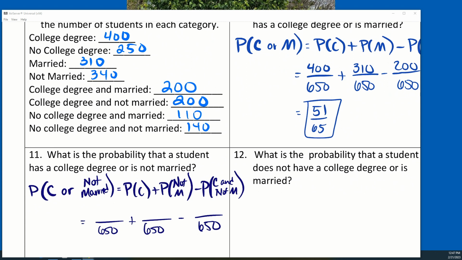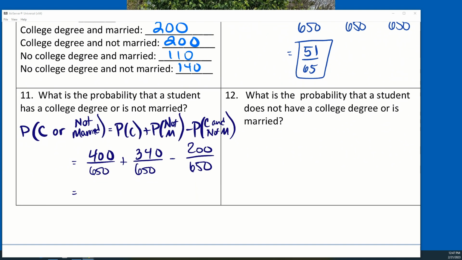All right, so college is 400. Not married is 340. College and not married is 200. And then if you just want to add and subtract the numerators and put it over 650, that's fine. If you want to write it in reduced form, that's also fine. It's 54 over 65.